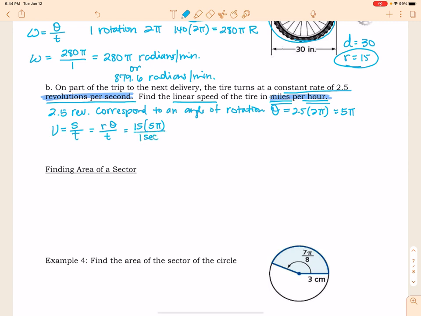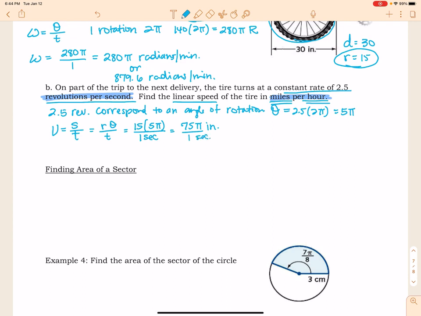And then I know that that's 1 second. You don't really need the second, you just need the 1, but I'm just trying to illustrate something here. So this is going to be 75 pi inches per 1 second.